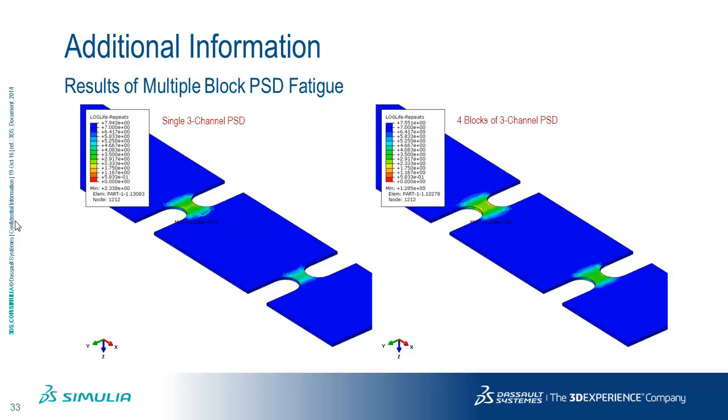And if the blocks are exactly the same PSD, then you will see like 1/4 of life from the left. But in this case, I'm using all different PSD blocks. So the single block gives us, even though I cannot read that number, 2.3 something, and the multiple block gives us about 1.2 something.